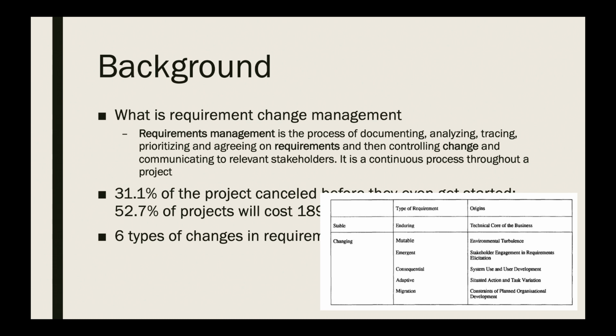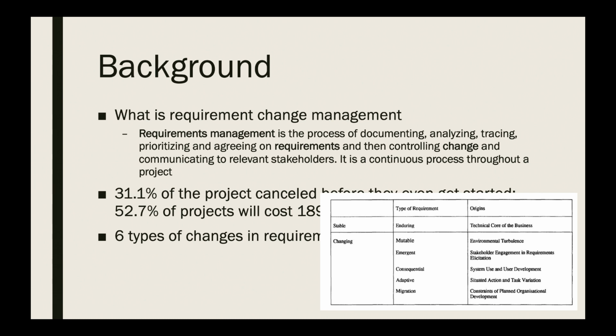So in this listed 6 types of changes in requirement, mutable requirements originally come from the changes of the market. So software requirements by organizations are likely to be placed in an environment which is turbulent and dynamic.